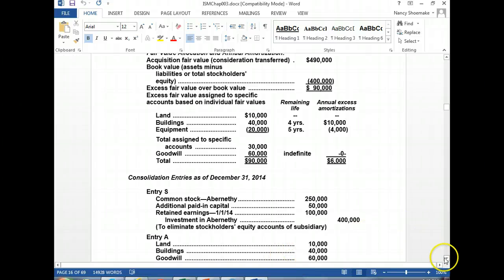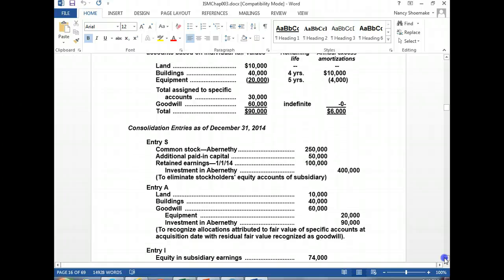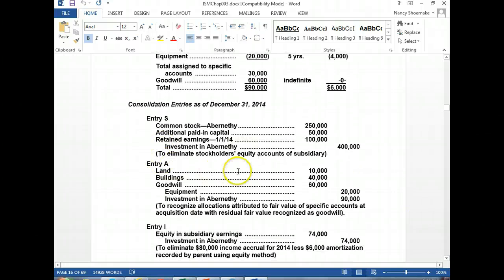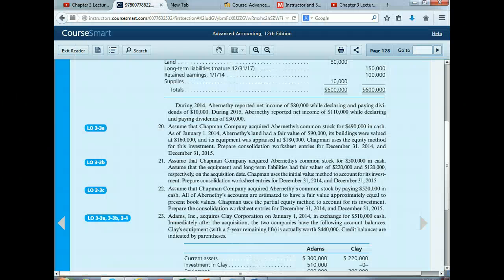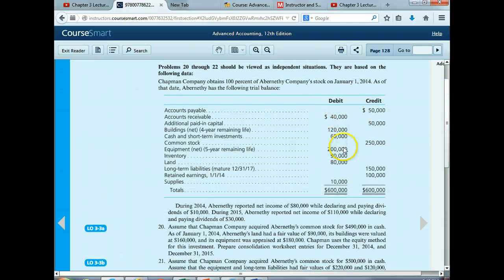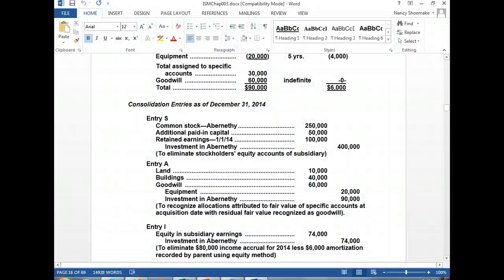The first thing we need to do is get rid of the stockholders' equity section of the subsidiary. It shows us here that the stockholders' section of the subsidiary had common stock of $250 and retained earnings of $100, right? So we need to show the $250 here.